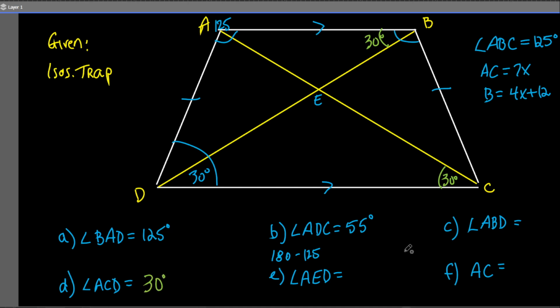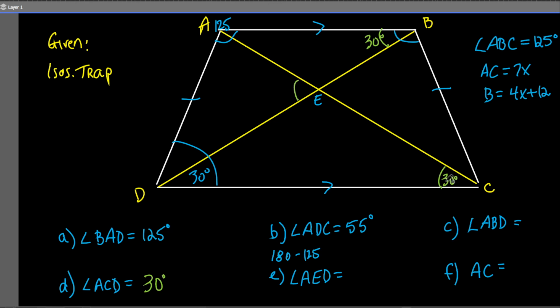We only got like a minute, so let me do this. Sorry to interrupt, but we got to finish this. AED. So where's AED? This angle right here. What is that? Well, let's take a look. Do you see this triangle, DEC? This is an exterior angle.